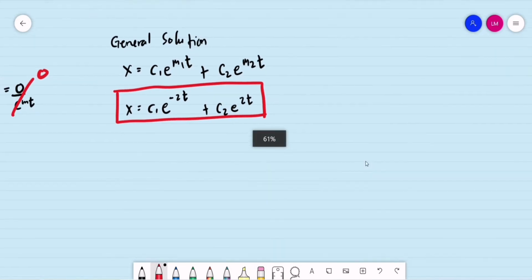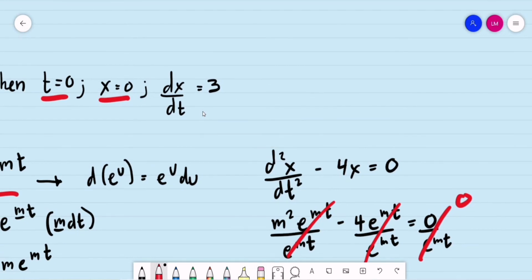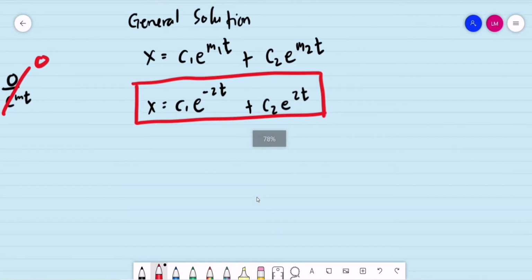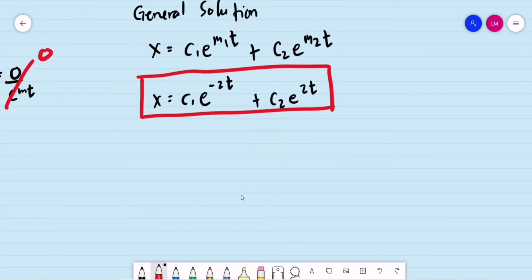But since we have an additional given, that at time is equal to 0, we have dx over dt is equal to 3, we can also determine the particular solution for those given. So we are to substitute the values.